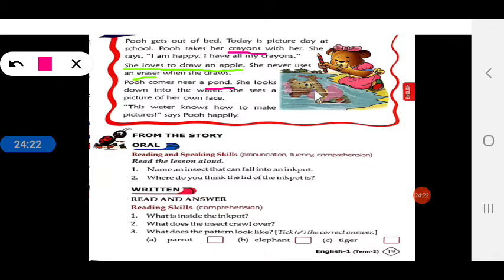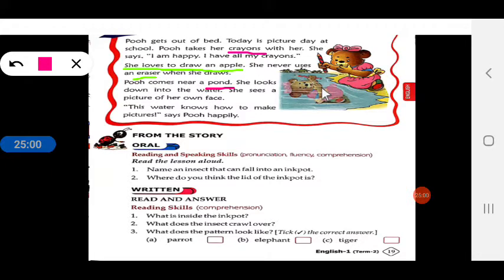So she is looking into the water, and here there is a picture of Pooh. Then she sees a picture of her own face, and "This water knows how to make pictures," says Pooh happily. So by looking into the water at her own face, she thought that this water knows how to make pictures.